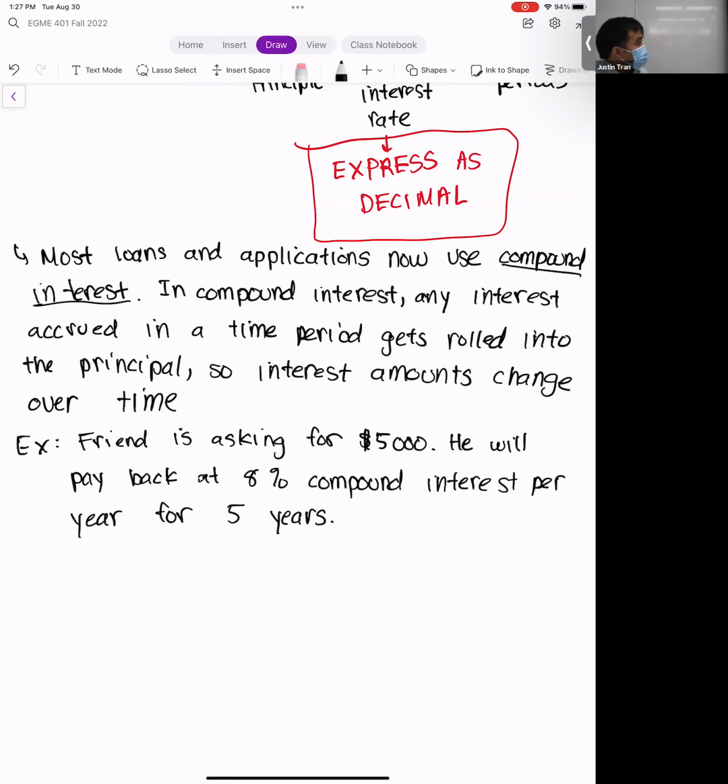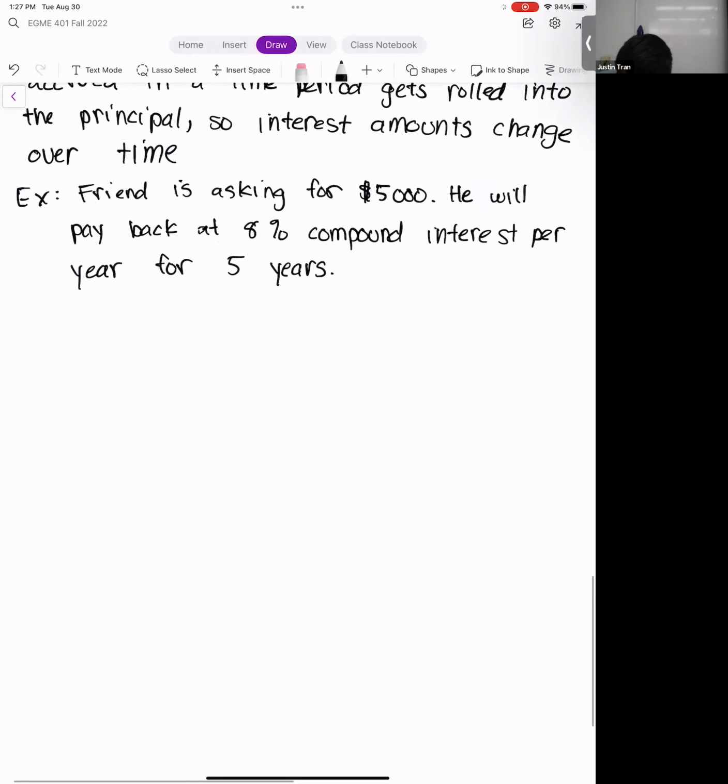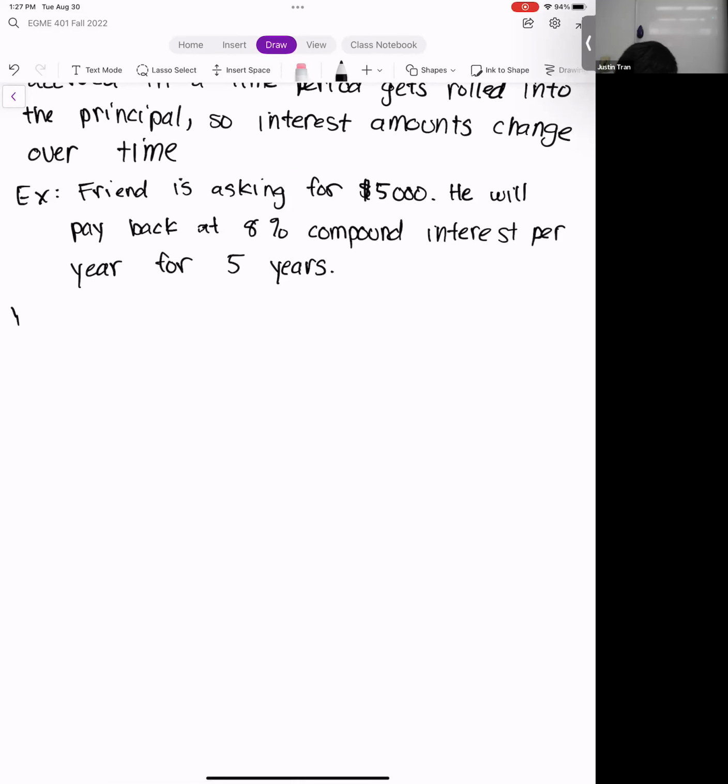All right. And so this is going to be quite a few numbers, so I'm going to go ahead and organize this into a table. Let's go ahead and make a table, right? So let's say we have a column for the year. Since the principal amount is going to change each year, we're going to have a column for that as well.